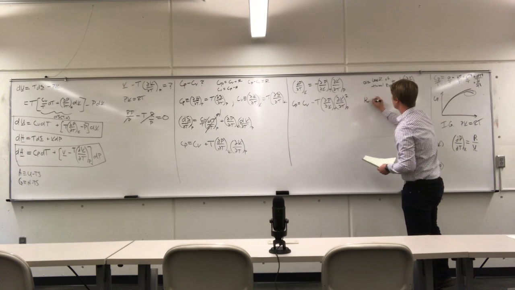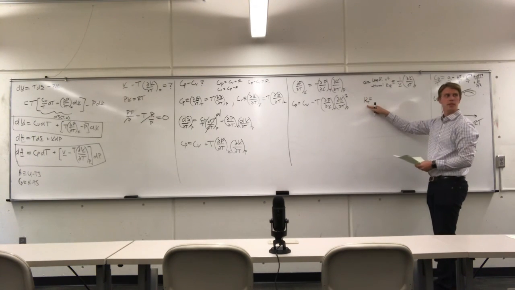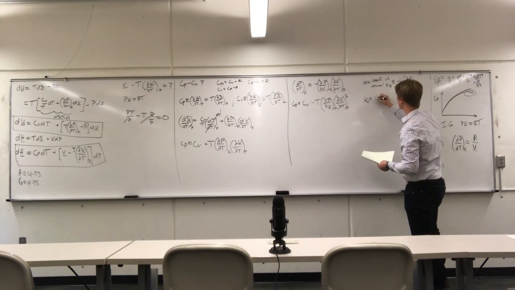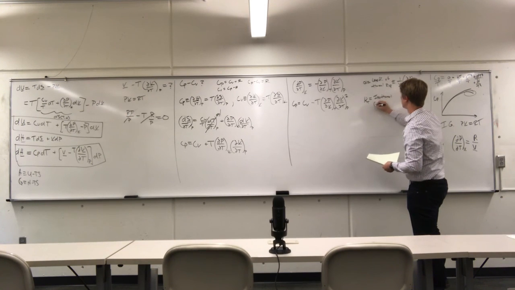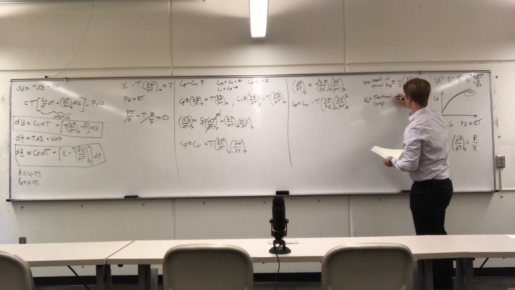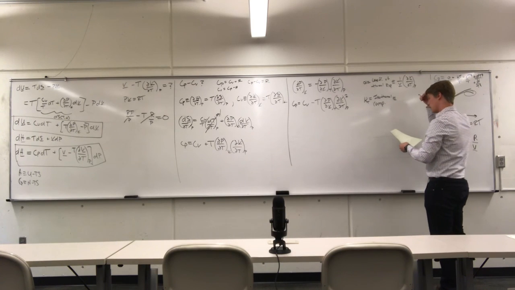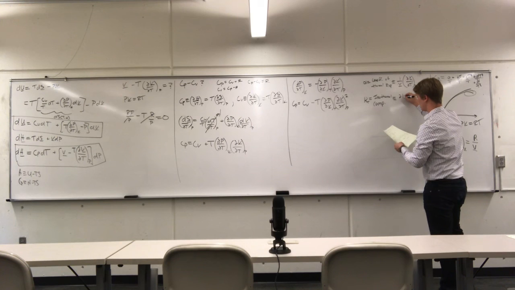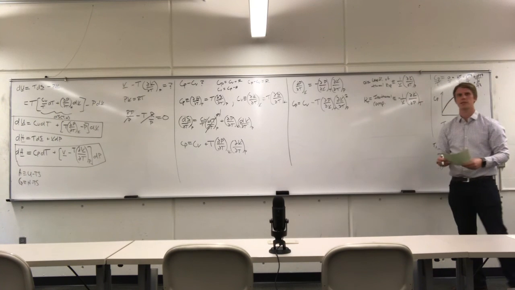The other term that's useful, kappa T, we use to denote the coefficient of isothermal compressibility. Again, this is defined as 1 over the specific volume times how much the system changes when I pressurize it at a constant temperature.